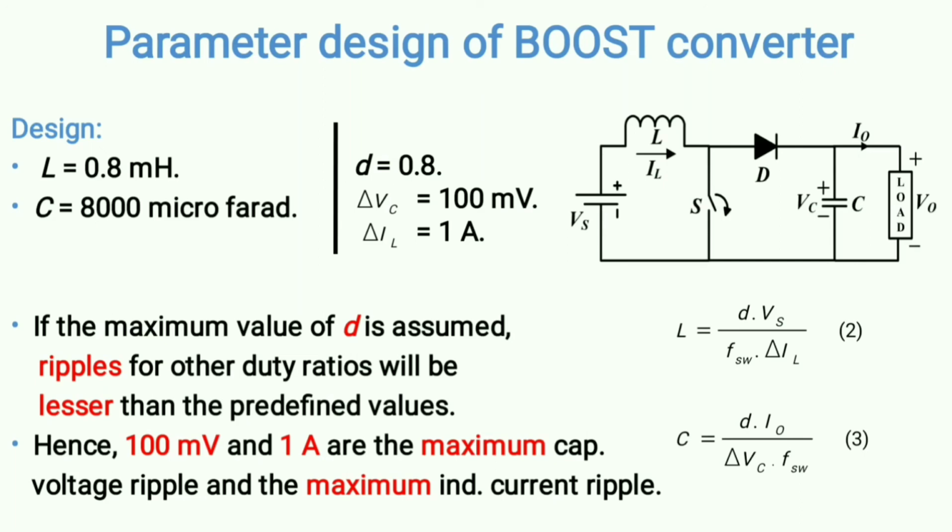Suppose in the market 0.5 millihenry is available and also 1 millihenry is available, so you should go for 1 millihenry. Because if you choose 0.5 millihenry, then the ripple will be higher than the expected one. So you always should choose the value which is nearest to this value and also higher than this. So 1 millihenry will be the better option.